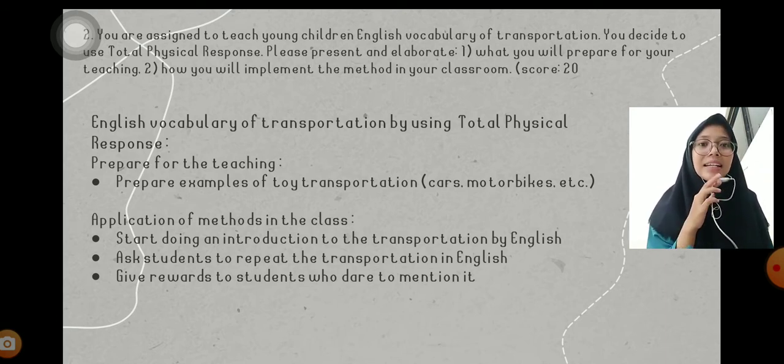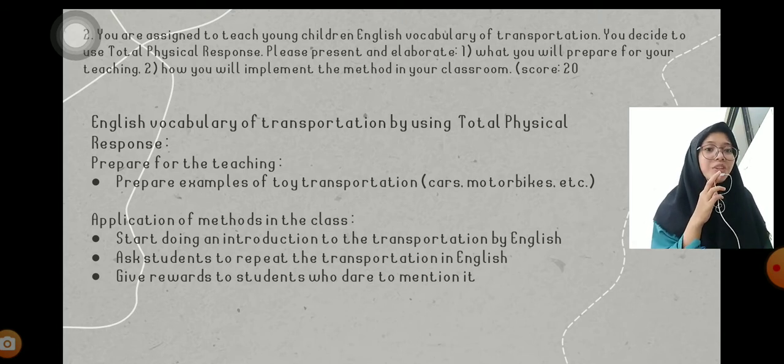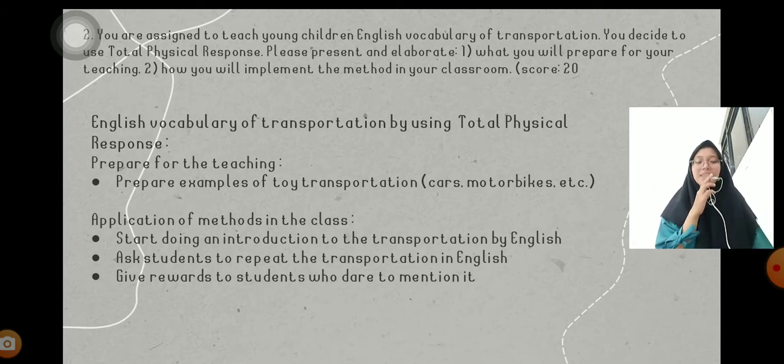And second, ask students to repeat the transportation in English. For example, after we say, this is a car or this is a motorcycle, you must ask the student to repeat your talk, or you can point at one person or several students to repeat what you have said.